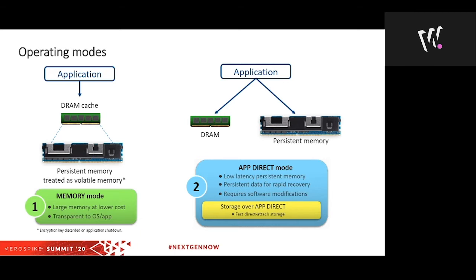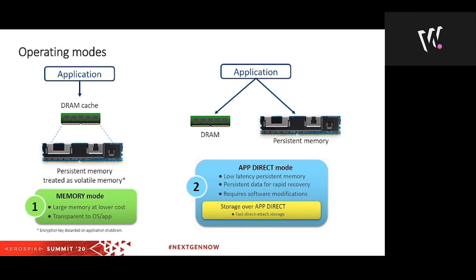Another thing you might hear in the press are the different operating modes that Intel Optane Persistent Memory can be used in. On the left, I'm showing, in some ways, the easier mode to enable, the one called plug and play. It's called memory mode. Even though the persistent memory media itself is persistent, in memory mode, we're treating it as if it's volatile memory.